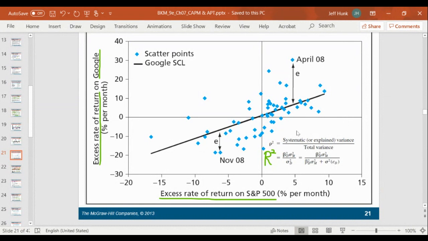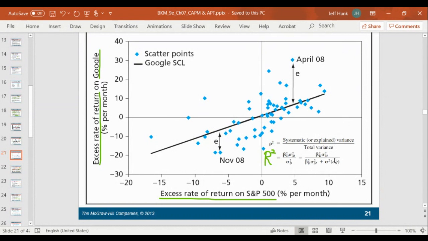The variance of these excess returns is partly what is explained by the market and the beta, and what is not explained by the systematic factors.